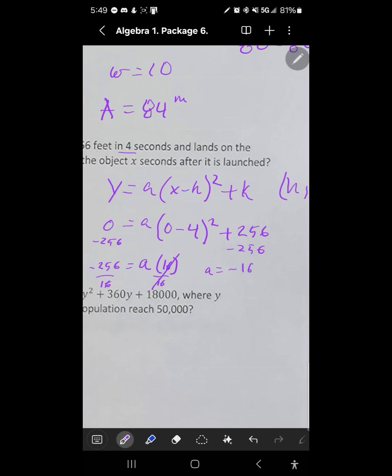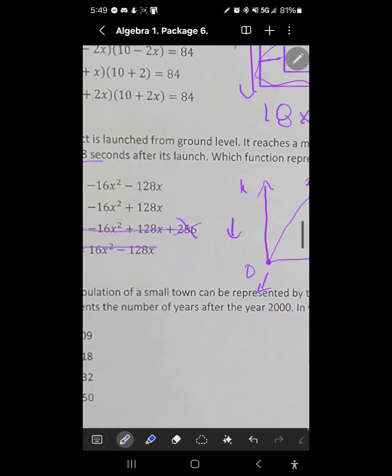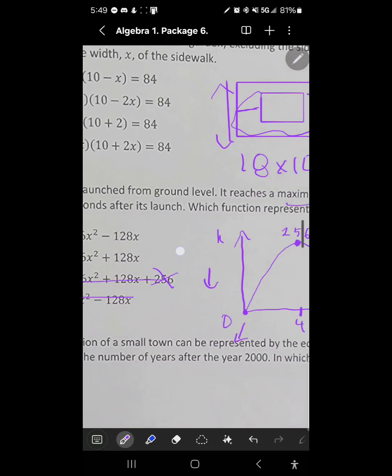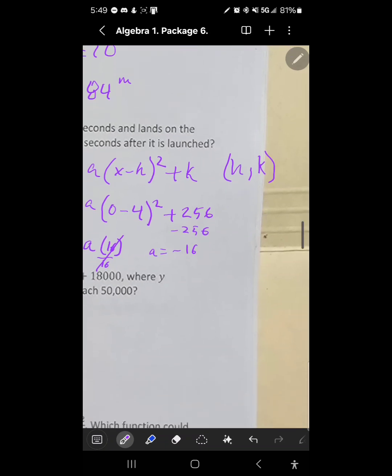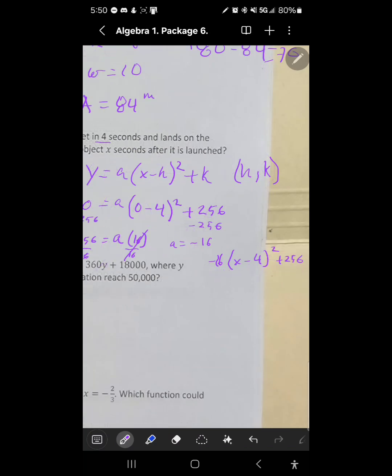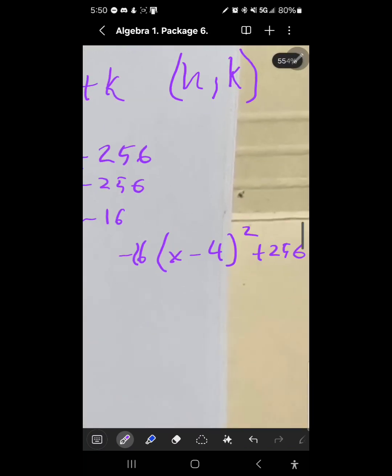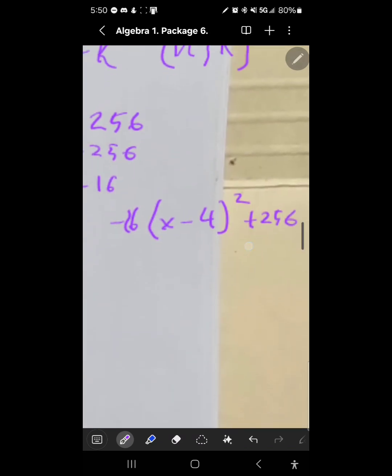So that's our value. So now that we have everything, we can substitute. And we have negative 16 times x minus 4 squared plus 256. Sorry about the cut. What I was saying, we get this formula. So we solve for this formula. We have negative 16, then x minus 4 squared.